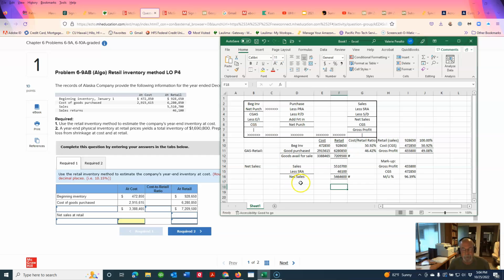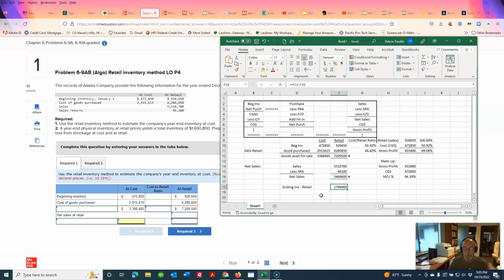That will give us our ending inventory at retail. So if we take our goods available for sale at retail and subtract our net sales, which is also at retail, our ending inventory at retail is 1,744,900.